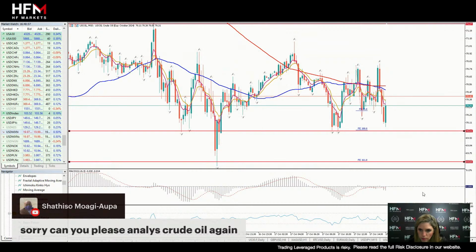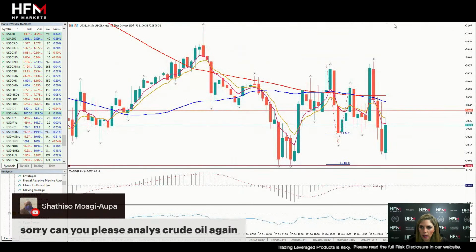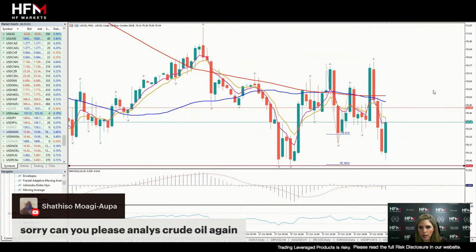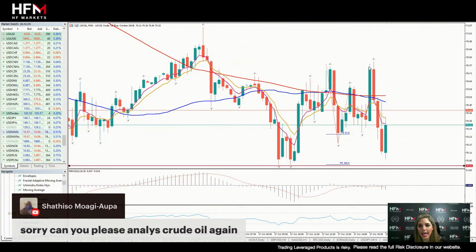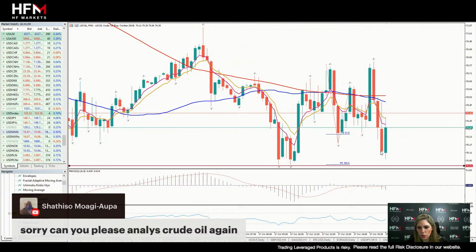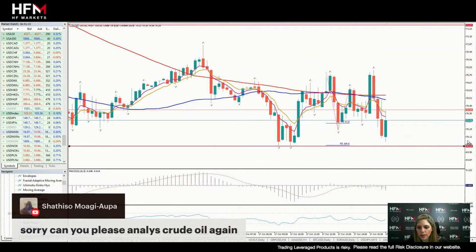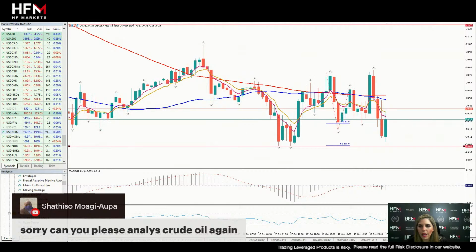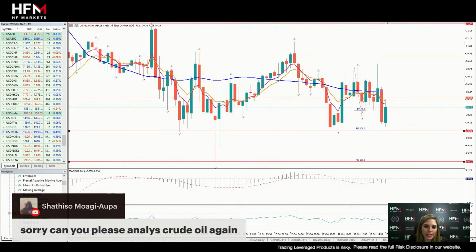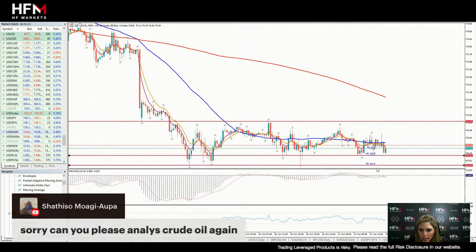But we have seen the asset intraday retest the 70.80 highs twice and pull back down. Three consecutive sessions lower, with the $70 back in play. Overall, it's still consolidating.